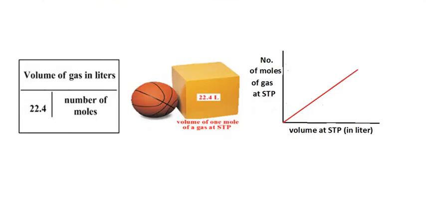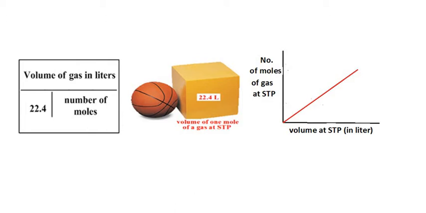This molar volume, 22.4 liters, is slightly larger than the volume of a normal football. This is the law used to calculate the number of moles. If you know the volume of any gas in liters at STP, divide this volume over 22.4, which is the molar volume of 1 mole.